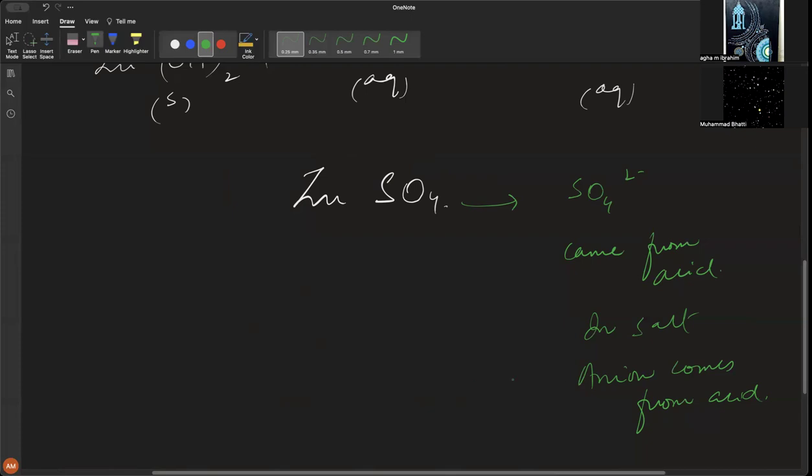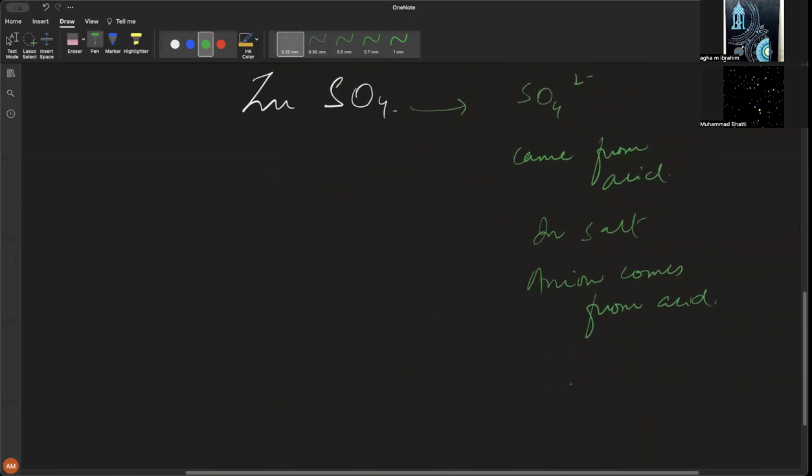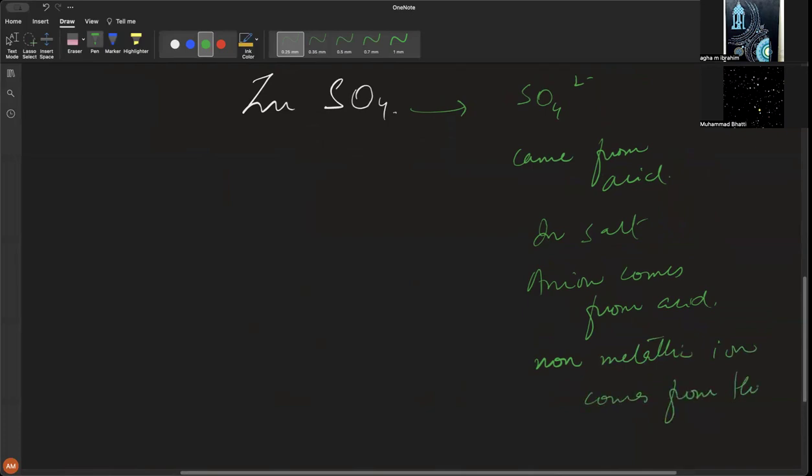The non-metallic ion always comes from the acid.